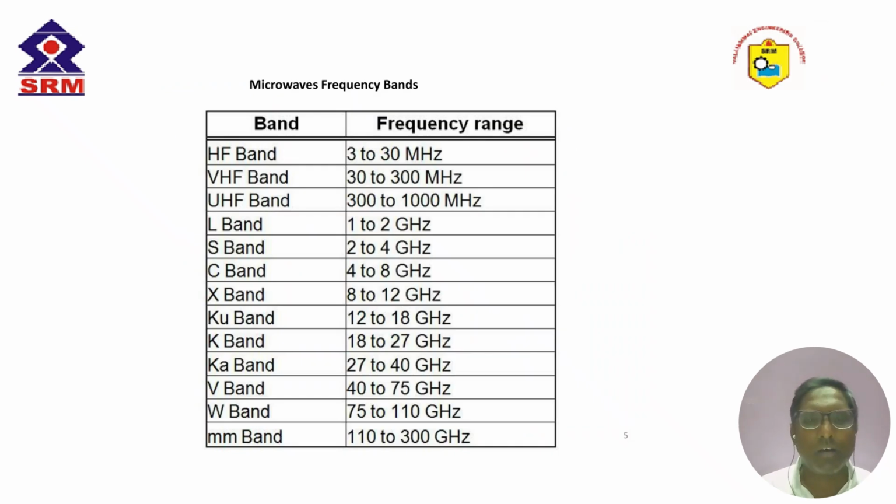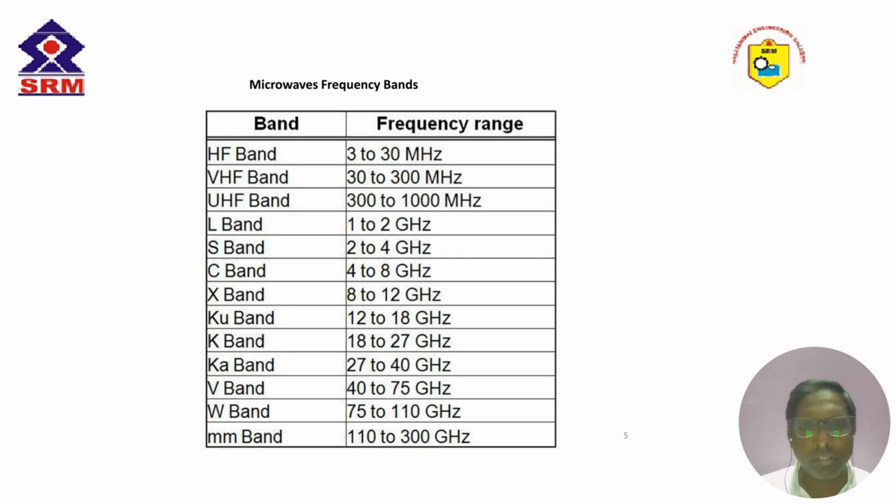Next, we can discuss bands in microwave frequencies. The frequency range of 3 to 30 MHz we can call the high frequency band. Next, 30 to 300 MHz is the VHF band, very high frequency band. Similarly, 300 to 1000 MHz is the ultra high frequency band. Next in gigahertz, 1 to 2 gigahertz we call the L band.